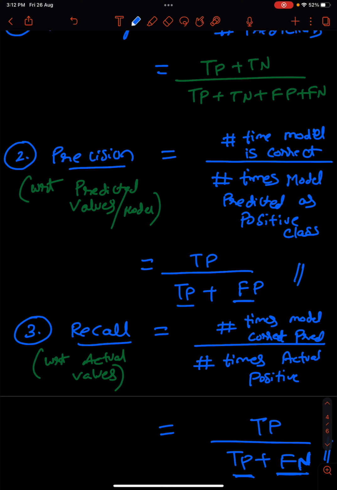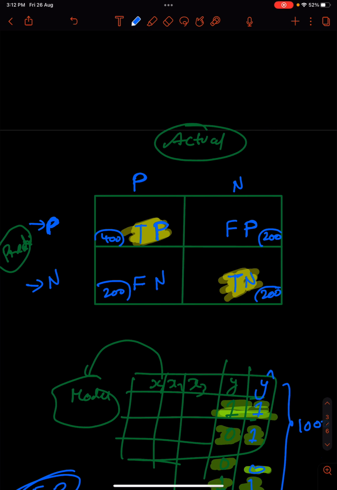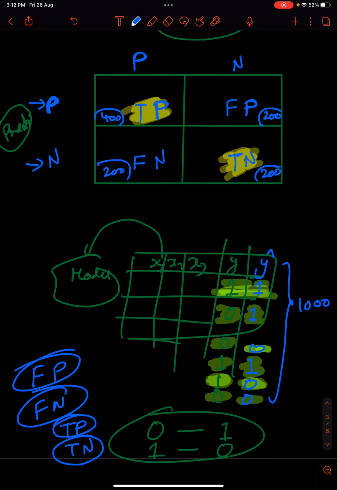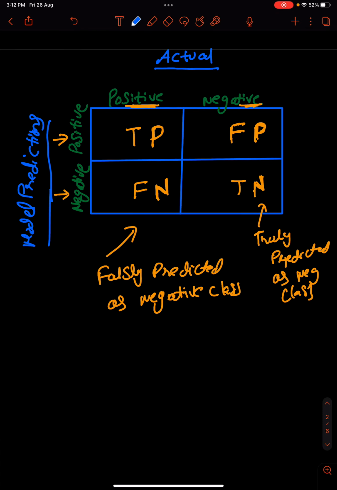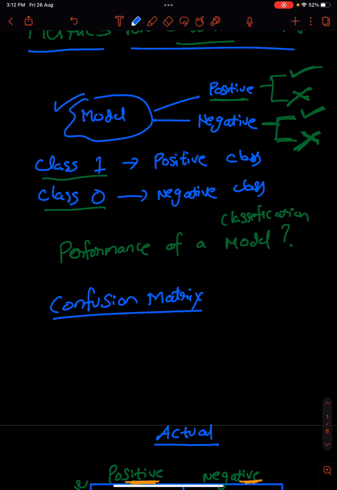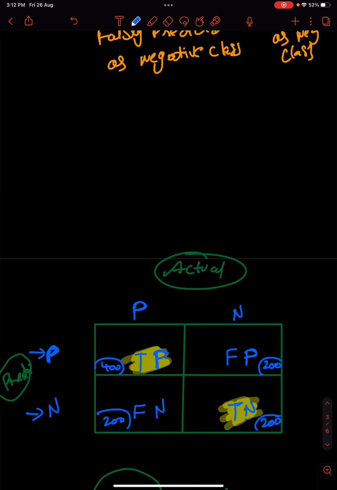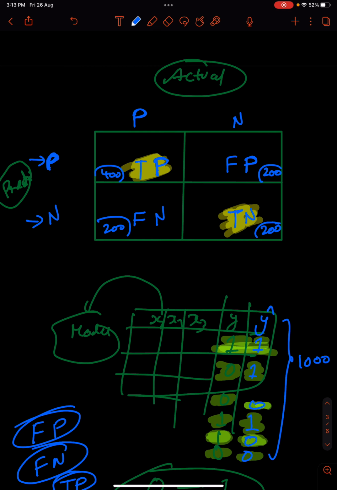Positive slash negative, and here also actual positive slash negative. That is, I can calculate precision with respect to class 1 and also with respect to class 0, and recall also with respect to class 1 and class 0.